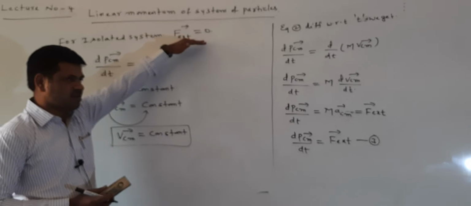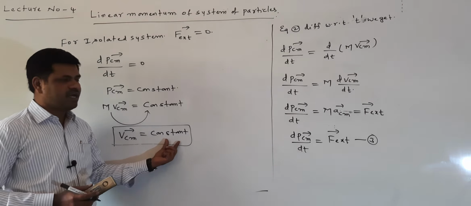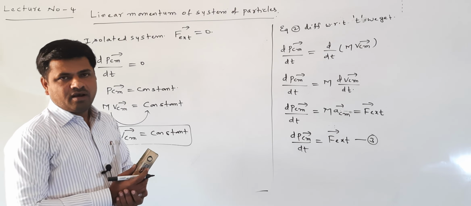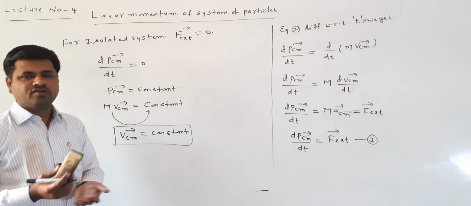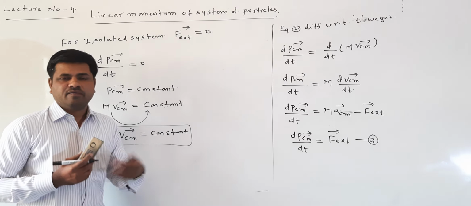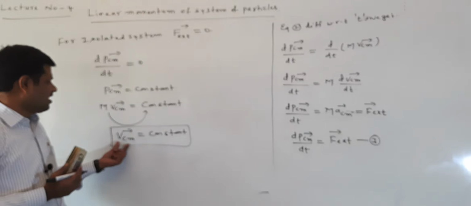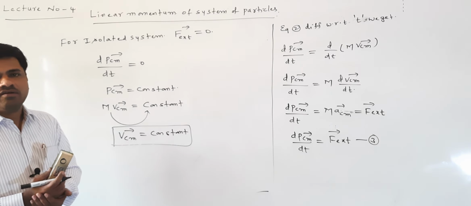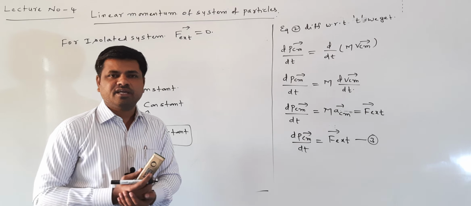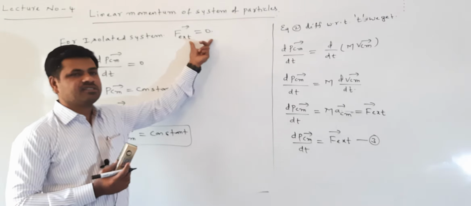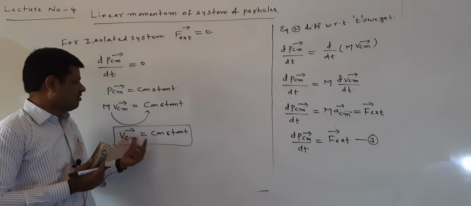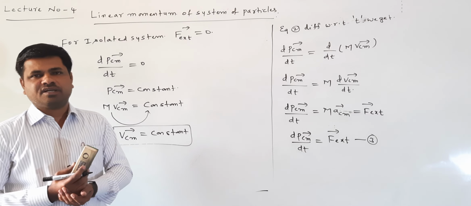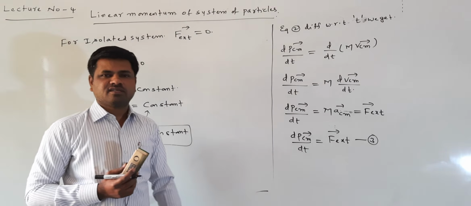When no external forces are acting on the system, the center of mass moves with constant velocity. So we conclude that the velocity of center of mass is constant if the external force acting on the system is 0.